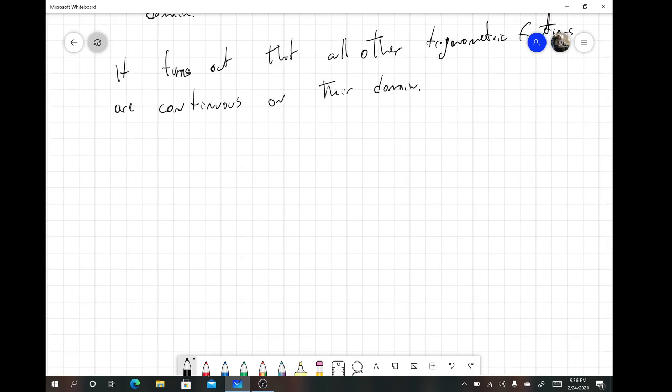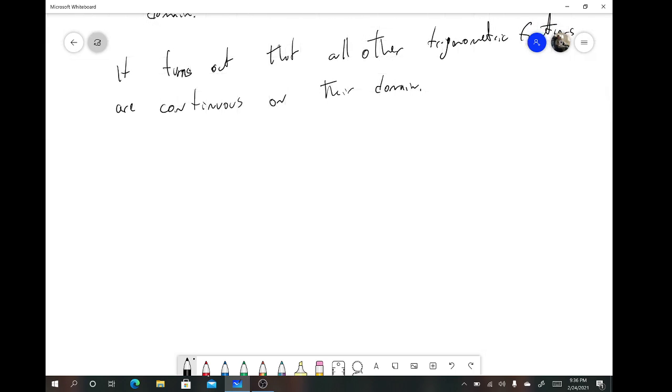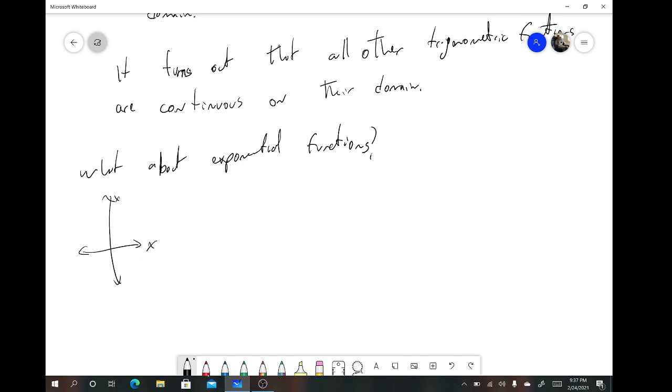Now, what about the exponential functions? Are they continuous? Well, if you remember the graph of e to the x, it looks kind of like this.